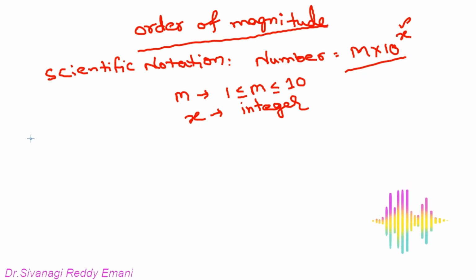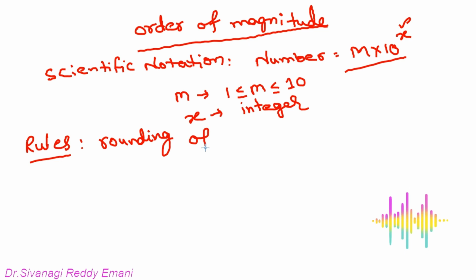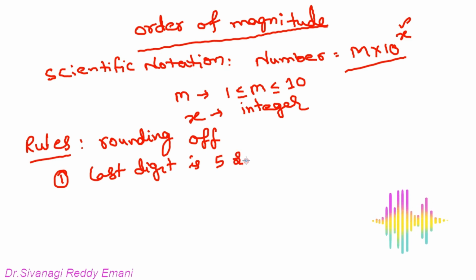Whenever we write the order of magnitude, there are some rules for rounding off. In the rounding off process, if the last digit is 5 or more than 5, the preceding digit is increased by 1, and if the last digit is less than 5, we ignore it.